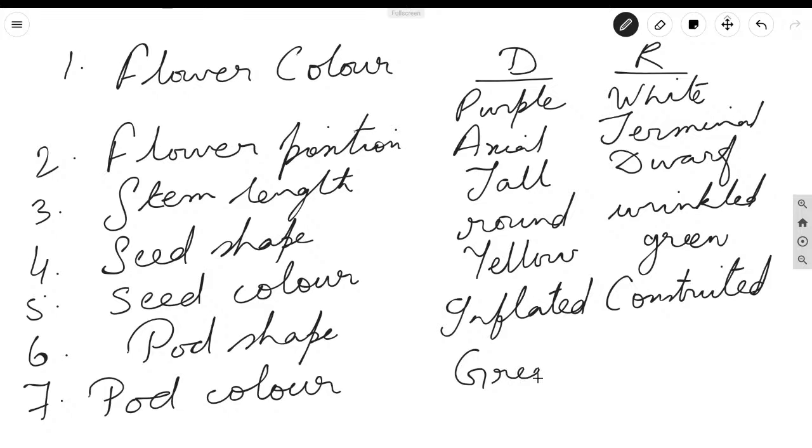Green in case of dominant, okay, yellow in case of recessive. So these were the 7 characteristics which were chosen by Gregor Johann Mendel when he experimented with the specific Pisum sativum or pea plant. Okay. So these were the characteristics that he worked upon.